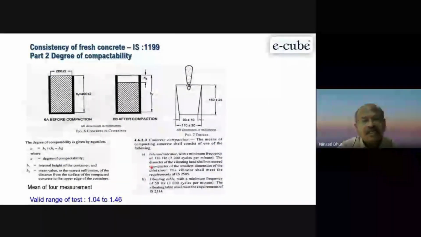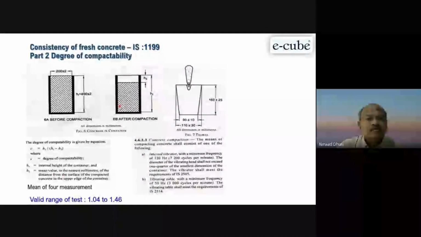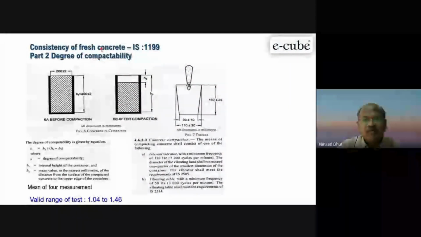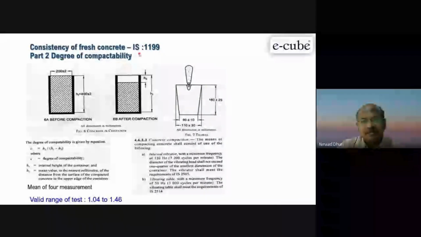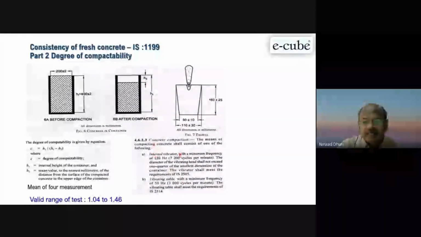Now another is a new test included in the code to find out the degree of compactability. How much the concrete has to be compacted with the vibration, vibrating table or internal vibration. If the ratio is 1.04 to 1.4, you can go through the details in 1199. It is a new test.